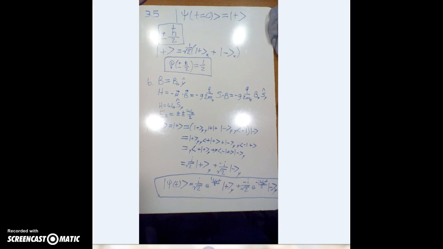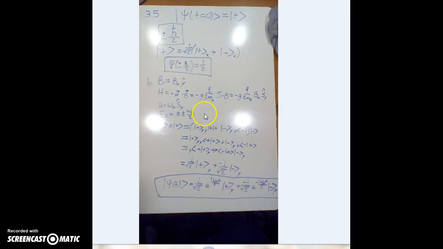So next we have to express the initial state, which is psi of 0. You can't see it here because of the glare, but this is psi of 0 in terms of the energy eigenstates. And so psi of 0 for this equals ket plus, and that equals ket plus sub y, and then all of this.